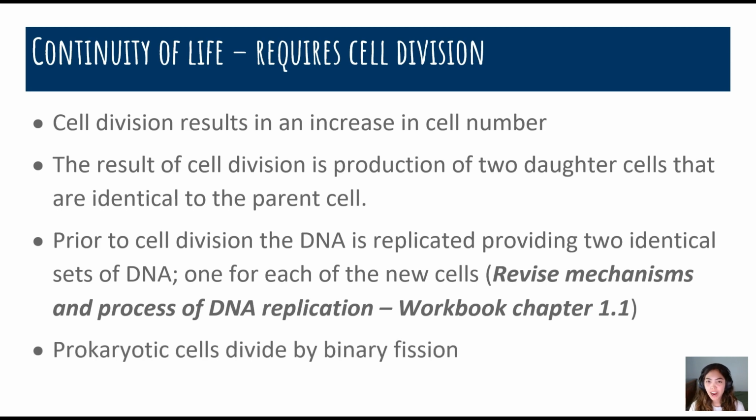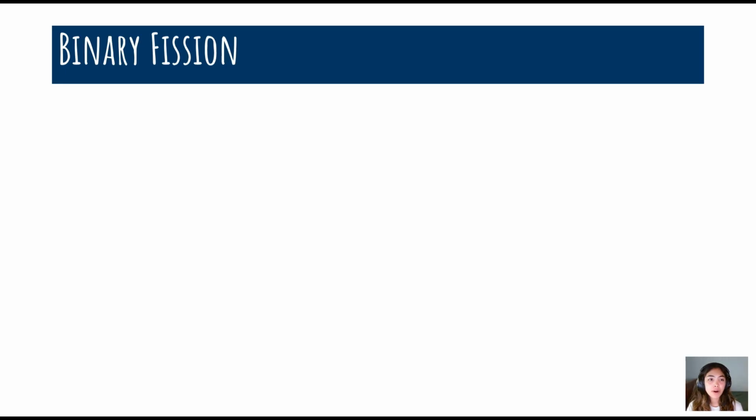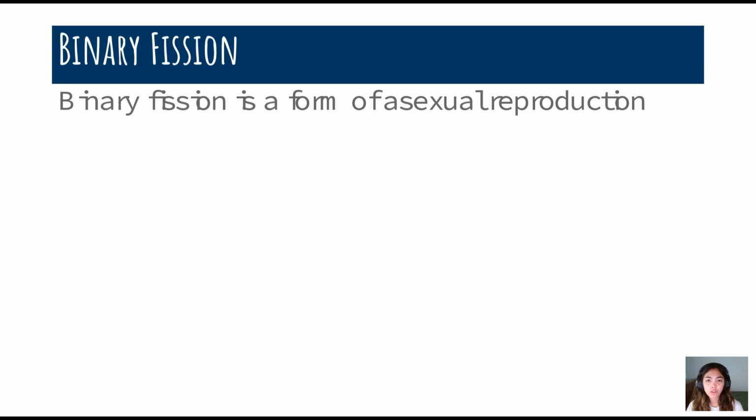But our prokaryotic cells, of course, divide by something called binary fission. Binary fission is a form of asexual reproduction. So this is a process used by prokaryotic cells.